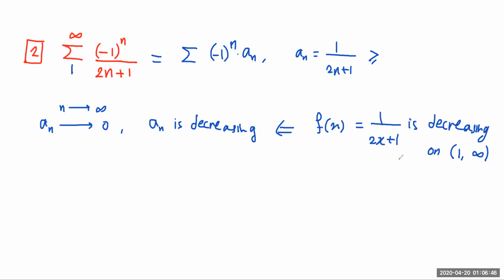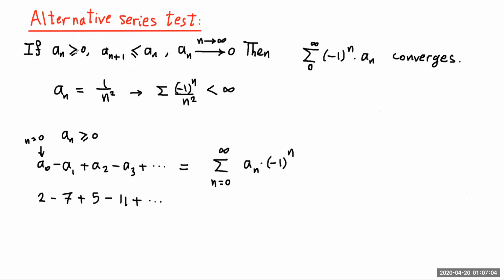So why is this decreasing? Because the derivative f'(x) is minus 2 over (2x plus 1) power 2. So this is always negative. So all the conditions of the alternating series test are satisfied. So sigma minus 1 power n times an converges.